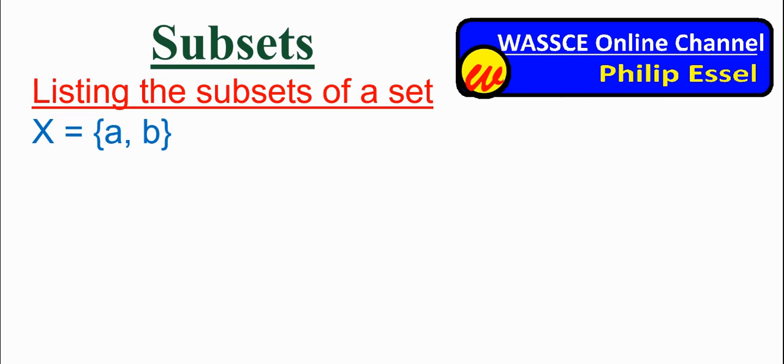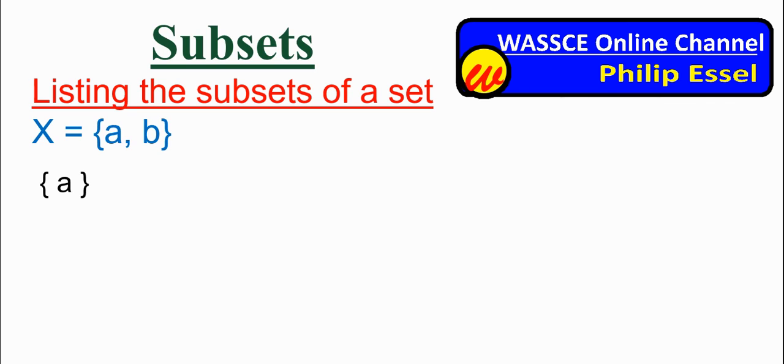Let's take the set X with its members A and B. We want to list all the subsets of the set X. This is the first subset of the set X. That is A in curly brackets. Remember that because subsets are sets, they should always be in curly brackets.